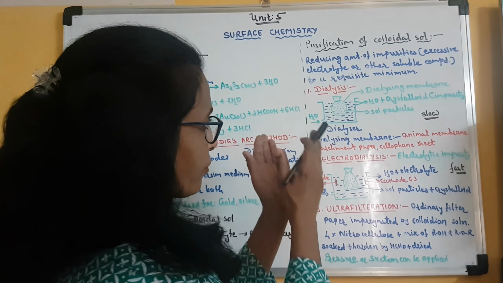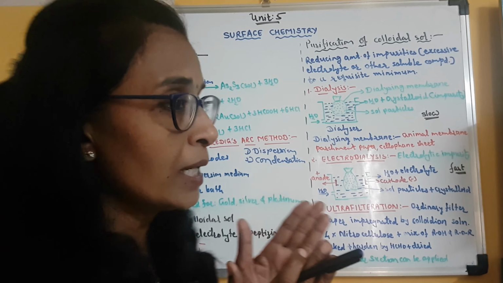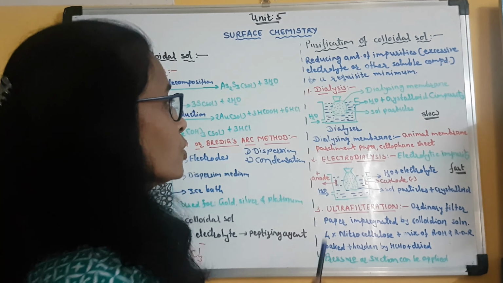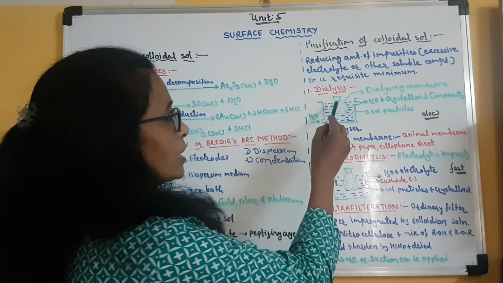Now as I told you, the membrane or the wall of this bag will allow only the electrolyte or the soluble impurities to pass through it. So this electrolyte or soluble impurity will come out through the wall of that bag and mix with water.